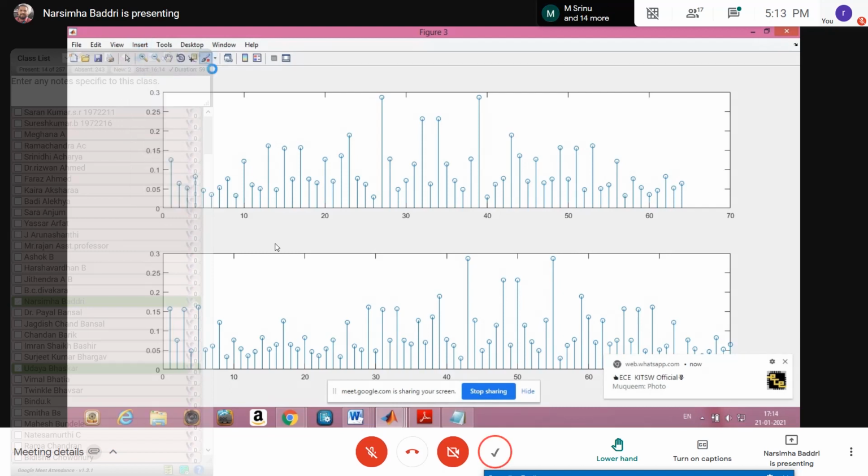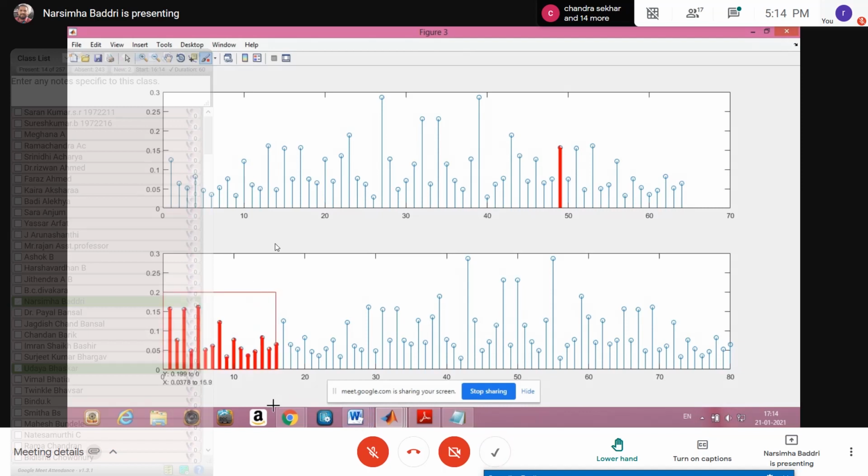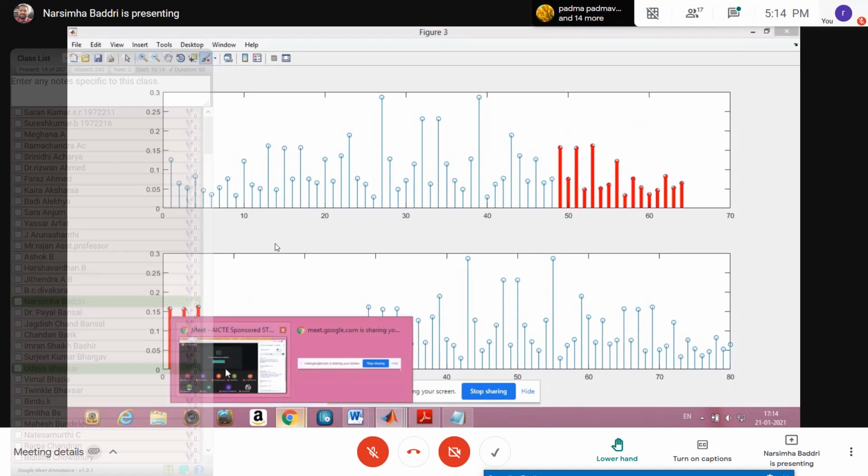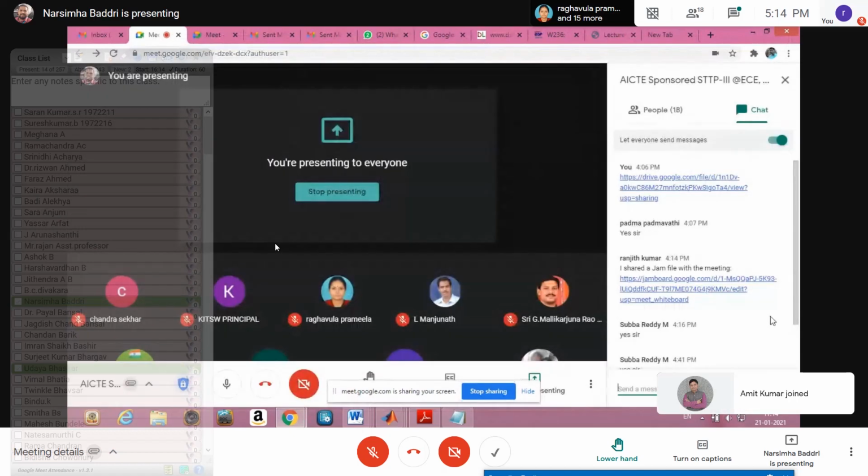Are you able to see this? From this point onwards you can see the same data, and the same data will repeat up to this point.